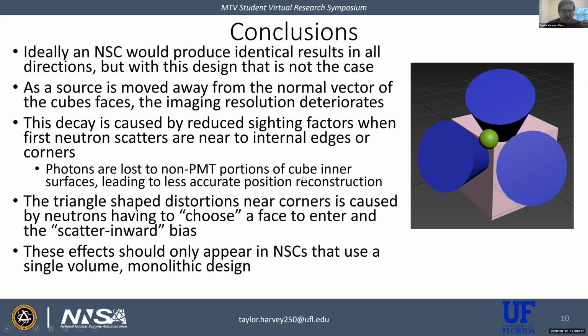I've just called that scatter inward bias. Basically, all these effects should only appear in neutron scatter cameras or imagers that use this single volume design, where all the light scattering events happen in a single volume. I wouldn't expect any of this to affect optically separated systems. So it's a unique quirk or bug of this design.